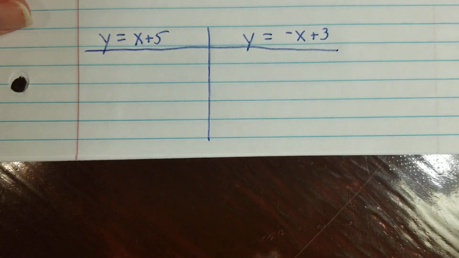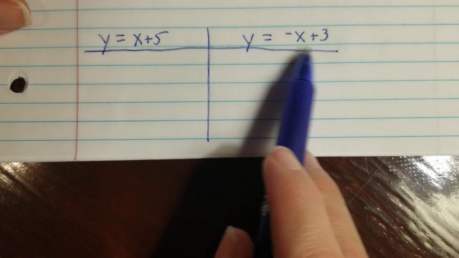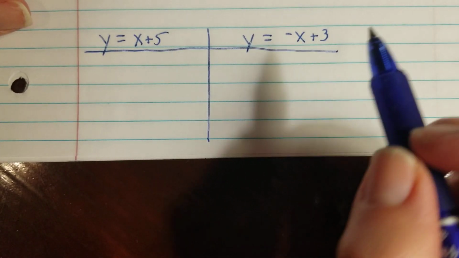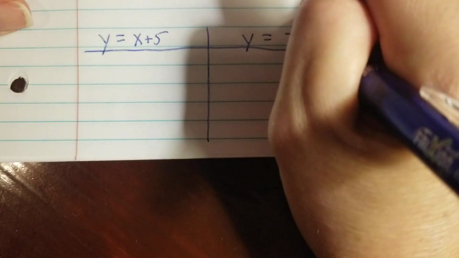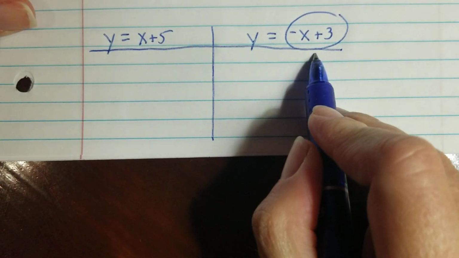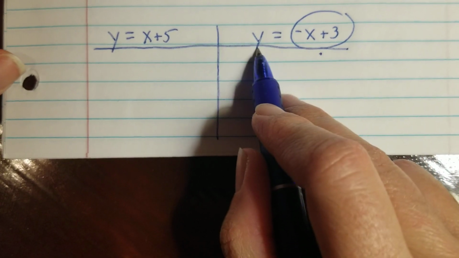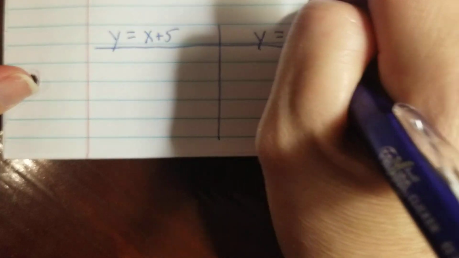It helps. So since they're both set equal to y, it really doesn't matter. All we're doing is picking one. I'm going to pick this one. This expression, negative x plus 3 equals y. I'm going to substitute this expression in for y.